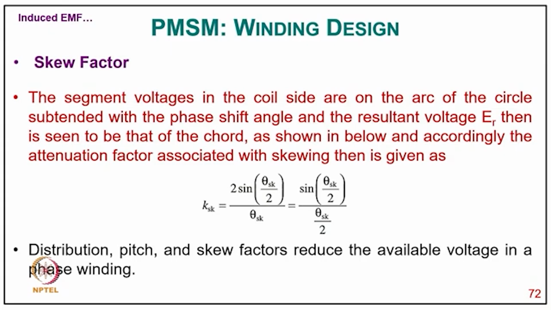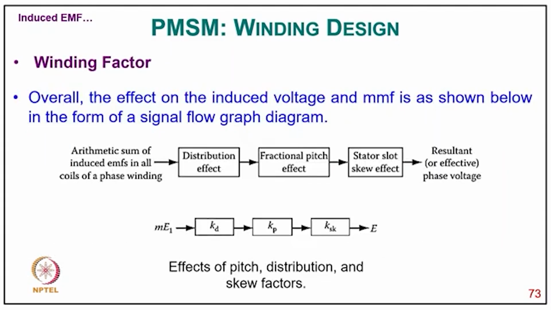The segment voltages in the coil side lie on the arc of a circle subtended with the phase shift angle, and the resultant voltage ER is then seen to be that of the chord as shown below. The attenuation factor associated with the skewing is given as ksk equal to 2 sine theta sk by 2 divided by theta sk, or equal to sine theta sk by 2 divided by theta sk by 2, and the distribution, pitch and skew factors reduce the available voltage in the phase winding.